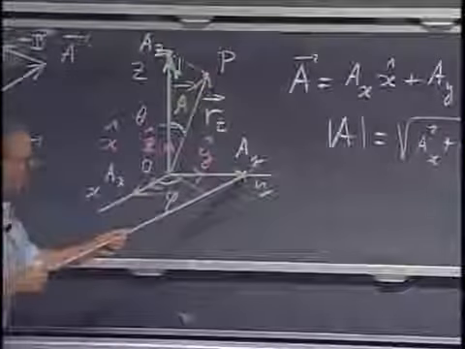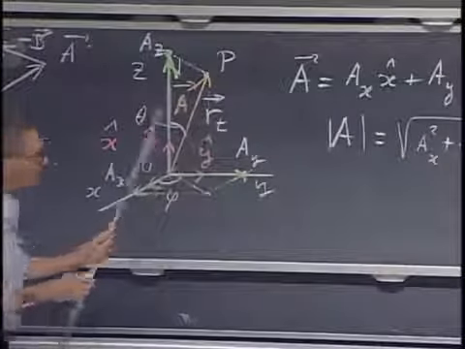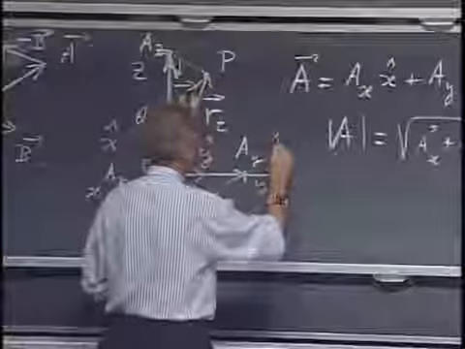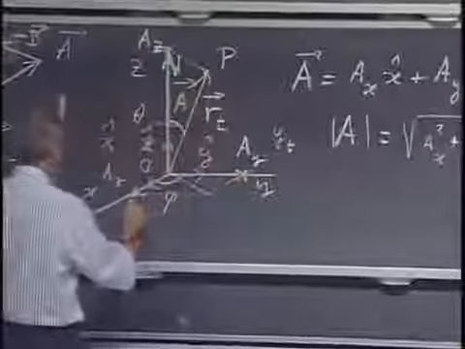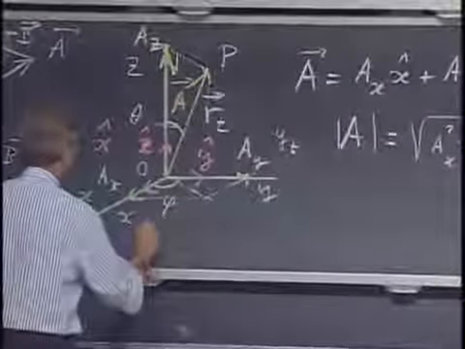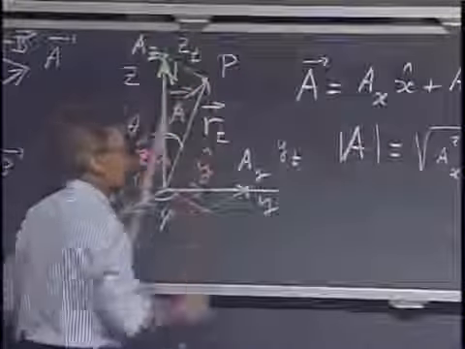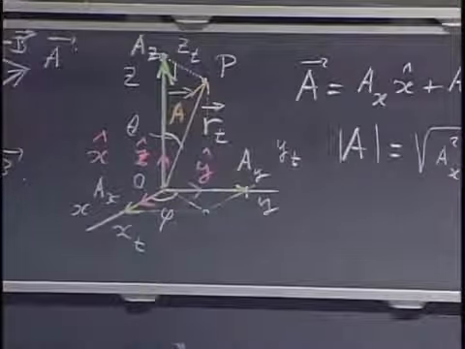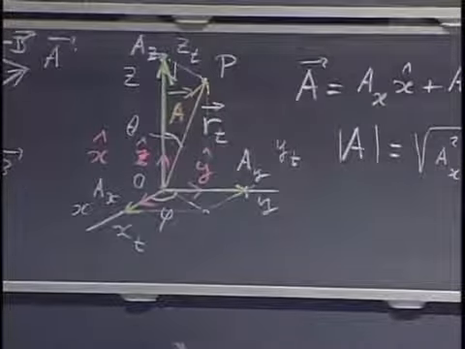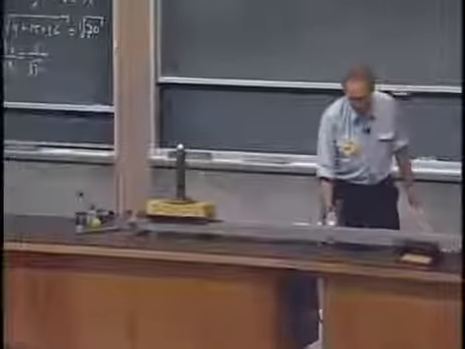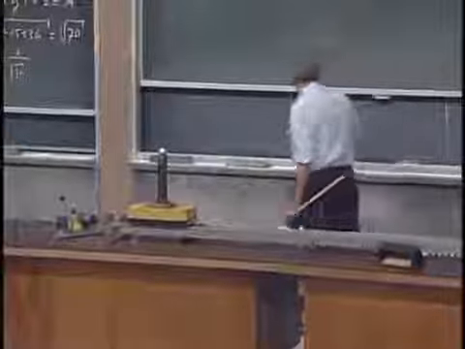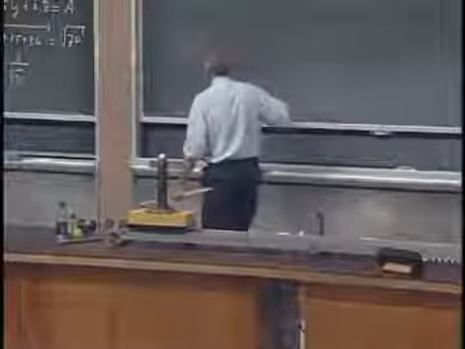I call this location Y of t, it's changing with time. I call this X of t, it's going to change with time. And I call this point Z of t, which is going to change with time, because point P is going to move. And so I'm going to write down the vector R in its most general form.